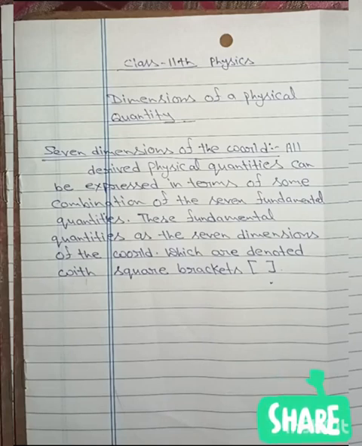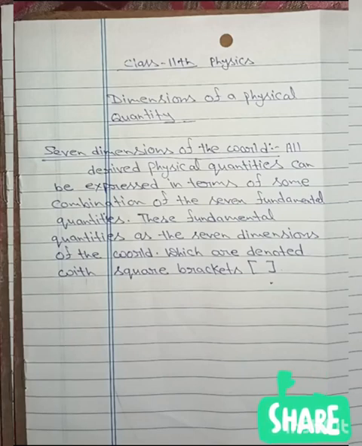These are also known as base quantities, and there are seven fundamental or base quantities, which are length, mass, time, electric current, temperature, luminous intensity, and amount of substance.